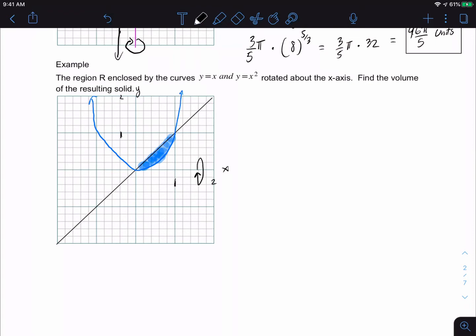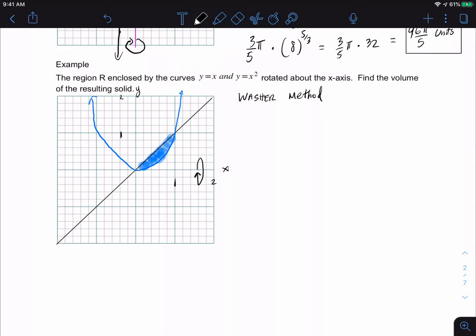Yes, and since we see that gap, this tells us that we should consider the washer method. Okay? Tomorrow or our next class session, I'll talk about what's called the shell method. And the shell method could be used with these problems also. So we'll get into that.